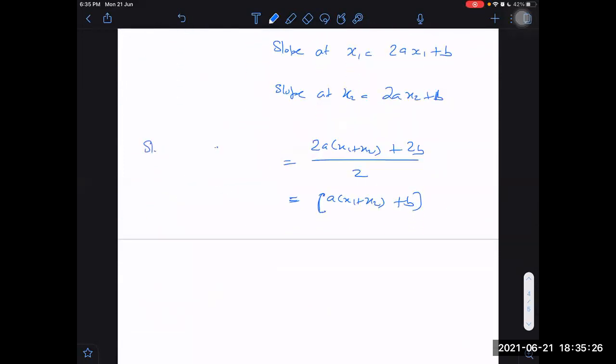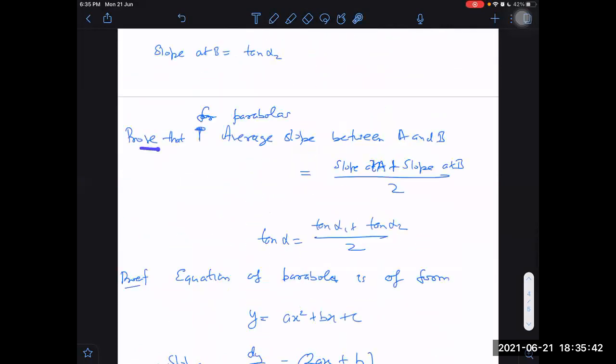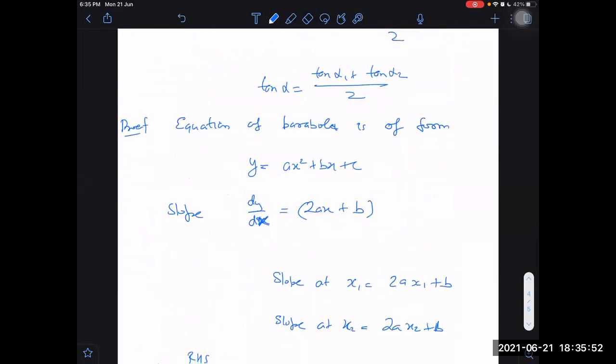This is the slope at A plus slope at B divided by 2. Means it is our right hand side which we want to prove. Which equation do we want to prove? We want to prove that for parabolas, the average slope between points A and B is equal to the slope at A plus slope at B divided by 2, right?